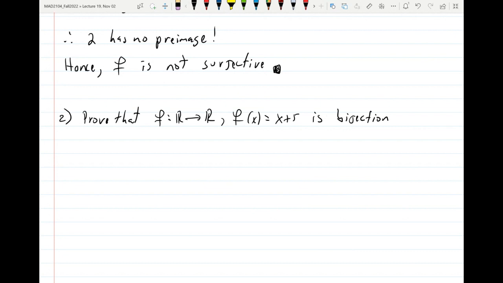So what does it mean to be a bijection? It means that it's both one-to-one and onto. Okay, injective and surjective. So to prove that this is a bijection, we have to prove two things. So first, we need to prove injective or one-to-one, whatever you decide to use, the same thing.